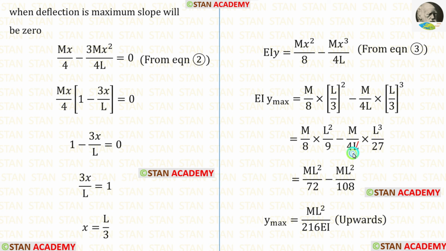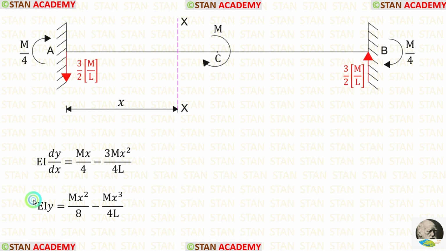We can eliminate L. Here it will be square. 8 into 9 we will get 72. 4 into 27 we will get 108. Then let us add these two values. After adding, we are getting the maximum deflection. For the maximum deflection, we are getting a positive value. That means it occurs upwards.